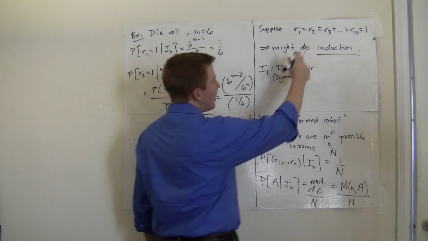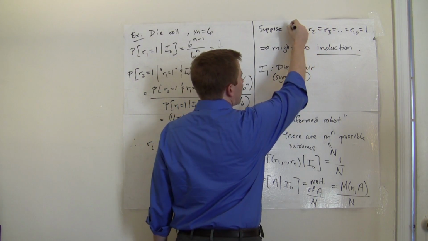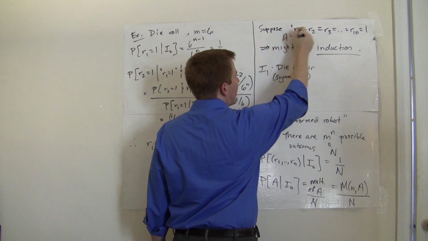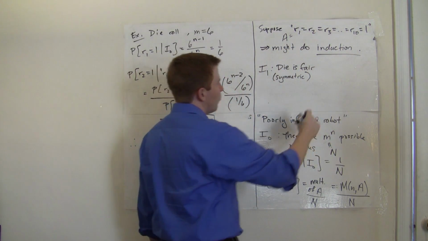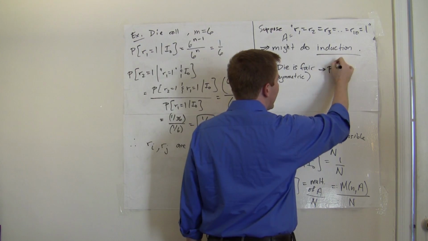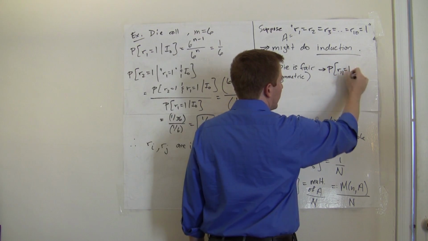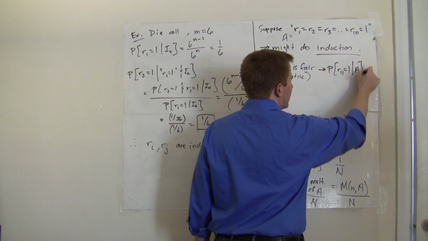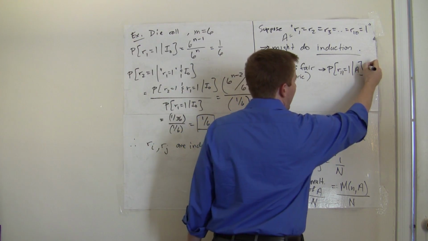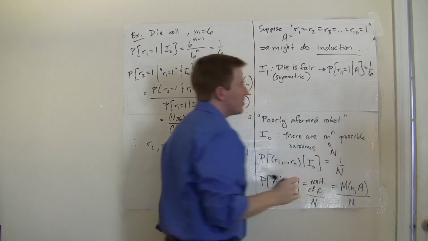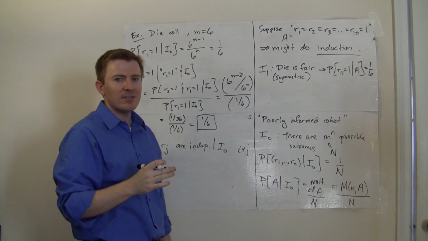Well, based on this event up here, which let's just call A, the event that we saw a sequence of 10 ones in a row, we might actually conclude that our probabilities are unchanged, right? Maybe for the next roll, conditioned on that, we might continue to think that it's a sixth, although we might start to doubt ourselves a little bit.